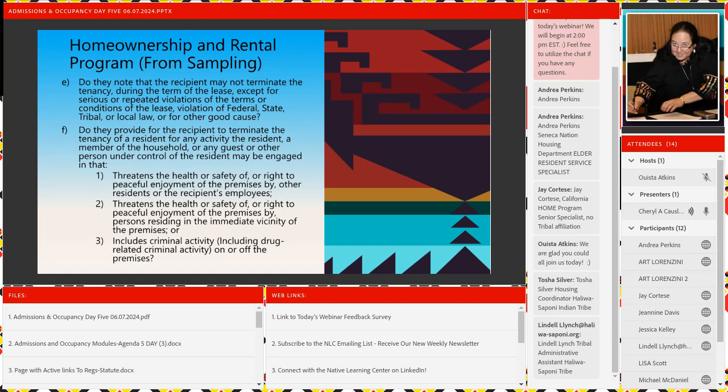That particular statement is the grounds for a lot of evictions. Threatens the health, safety, or right to peaceful enjoyment of the premises by other residents or your recipient's employees. So your employees are covered under this net. Threatens the health, safety, or right to peaceful enjoyment of the premises by persons residing in the immediate vicinity of those premises. Includes criminal activity, including drug-related activity on or off the premises.